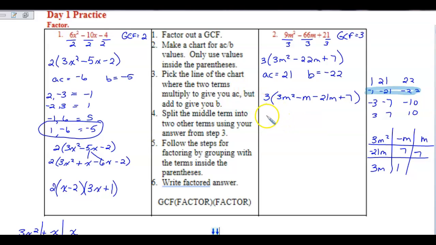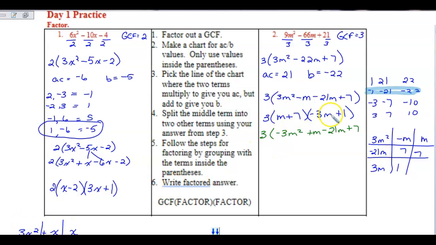So I have 3 times m plus 7 and 3m plus 1. I have a negative in here, and these are both positive. So one of these needs to be positive and one of these needs to be negative. Let's test this one.